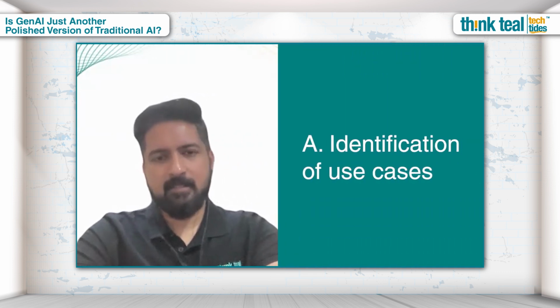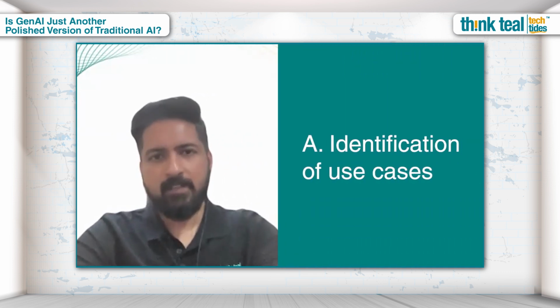But companies that have actually been successful in deploying Gen AI can serve as a referential checklist of items to answer this question. First off, like I mentioned before, problems, right? They are identical to your use cases. Therefore, identification of use cases should be on top of your checklist, is what I feel.